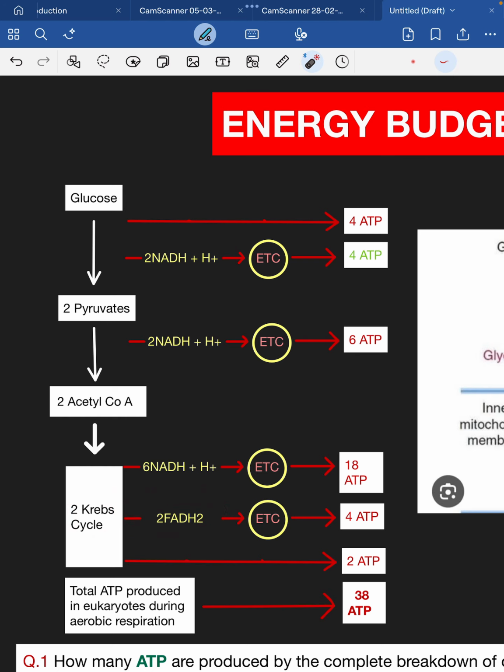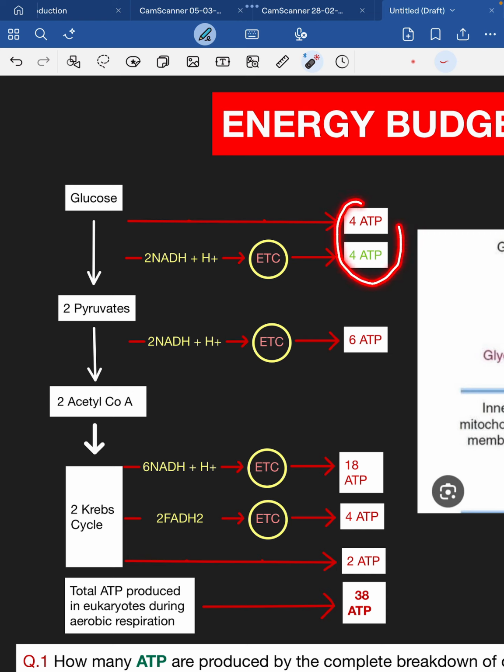We know that one FADH2 gives 2 ATP, so two FADH2 give 4 ATP. And 2 ATP are directly produced in the Krebs cycle by substrate level phosphorylation. That's all. Now we will add all these ATP.